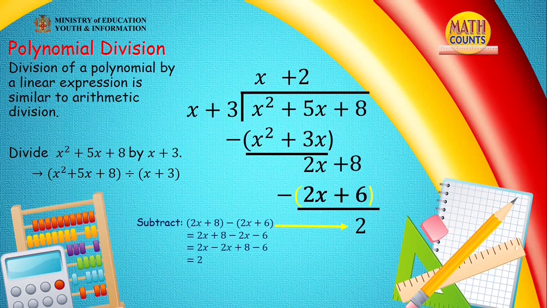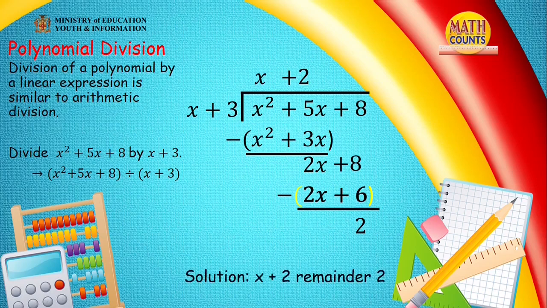So again, when we distribute the minus sign, instead of having plus 2x plus 6, we actually have minus 2x minus 6. Then I make sure I group my like terms. So I have 2x minus 2x plus 8 minus 6. The 2x's cancel out, and we're left with 8 minus 6, which gives us 2. So our solution here is x plus 2, which is our quotient, remainder 2.